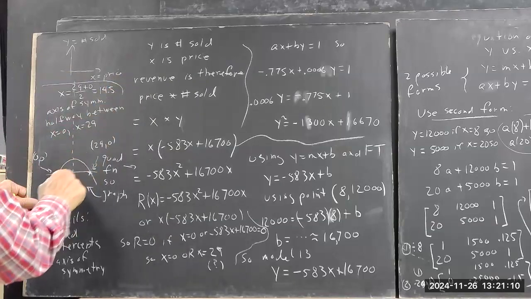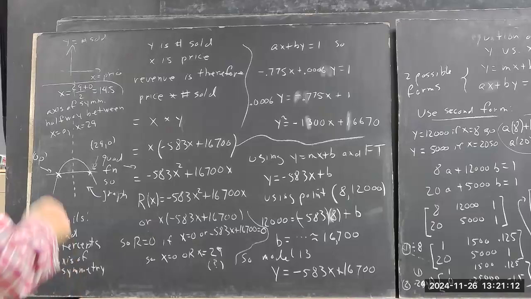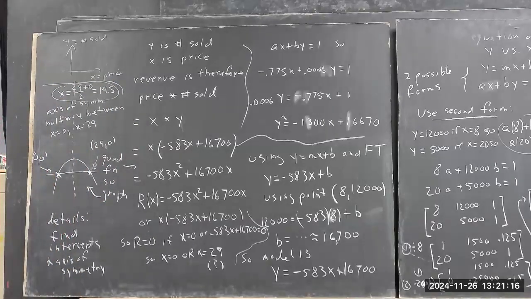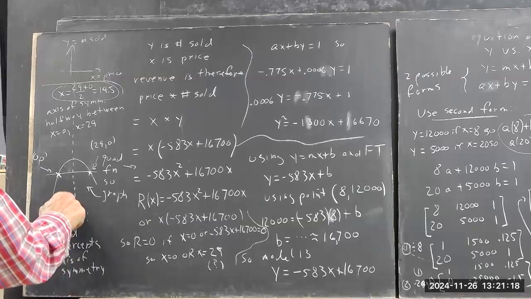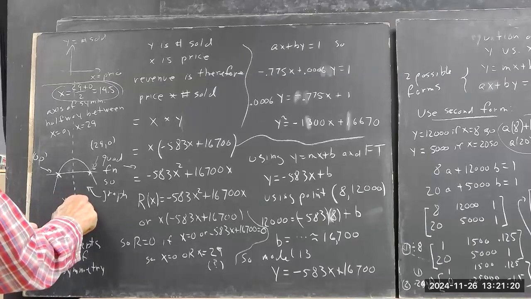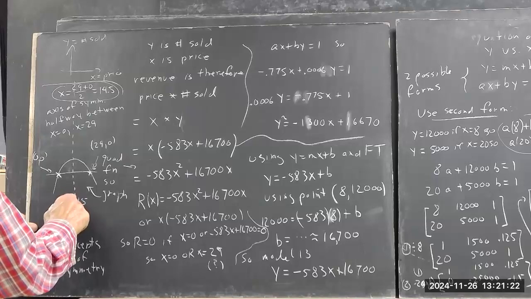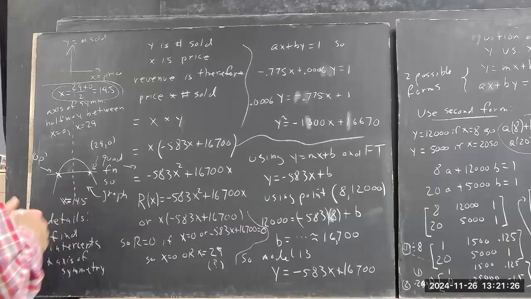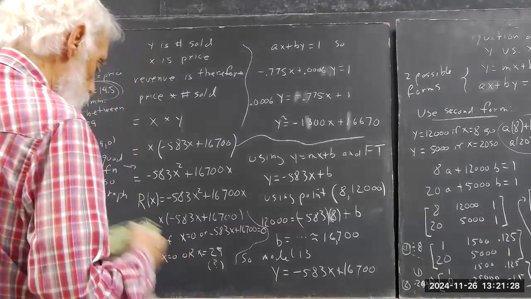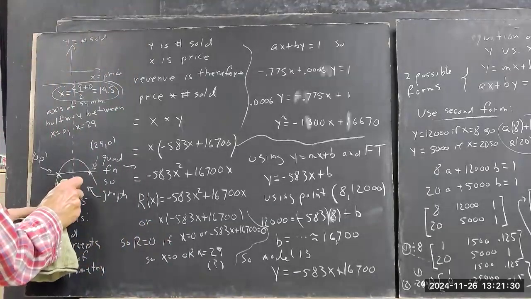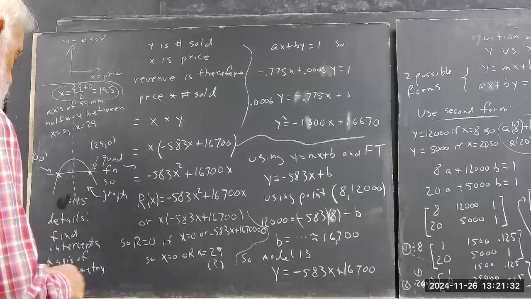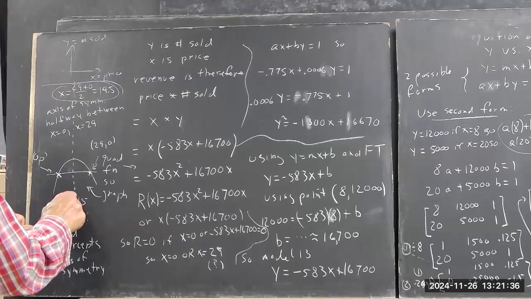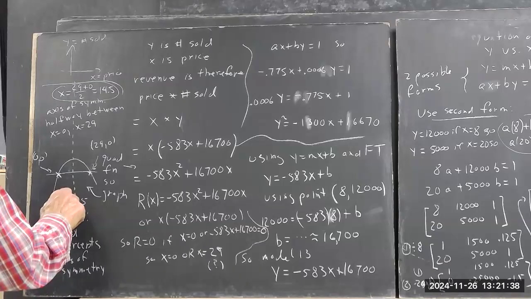Well, the axis of symmetry is x equals 14.5. So here again is x equals 14.5. Every time I try to prove that, I mess it up. Approximately.